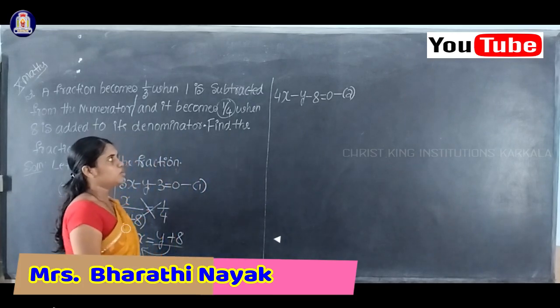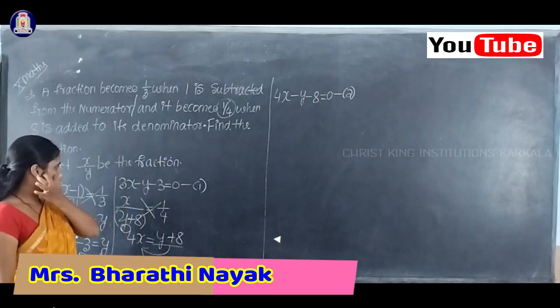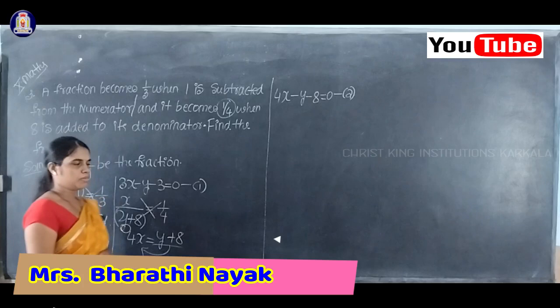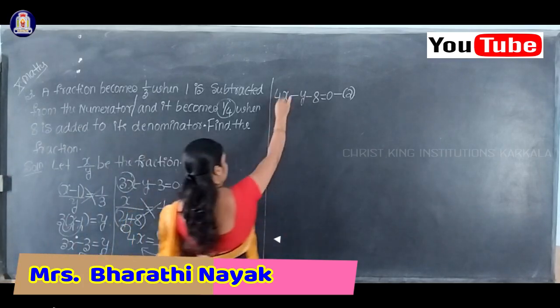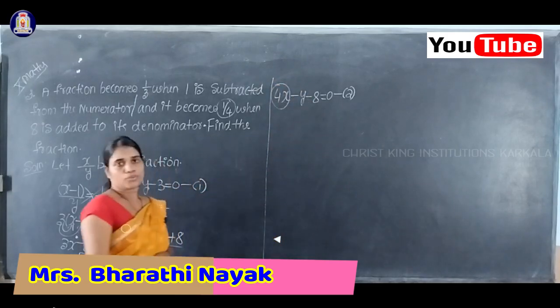Now we have to simplify equation 1 and equation 2. What is the first term of equation number 1? 3x. What is the first term of equation number 2? 4x.